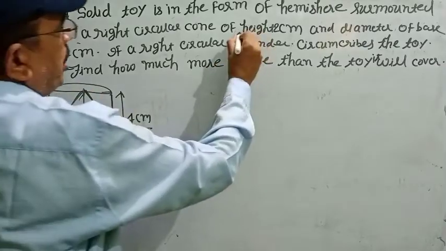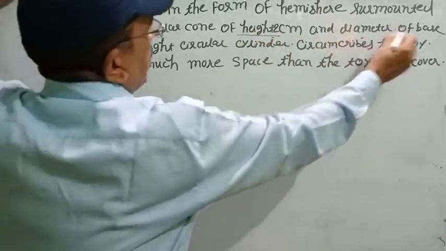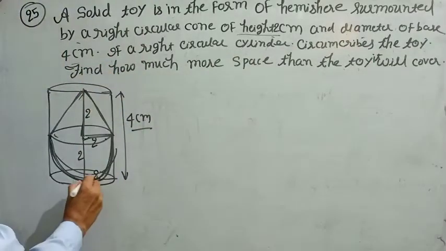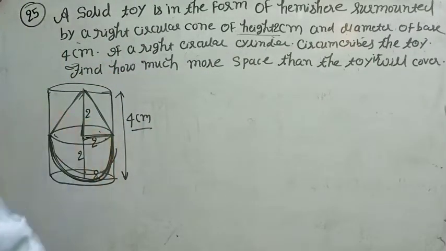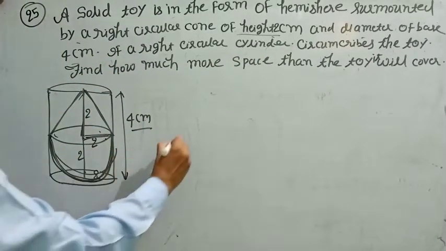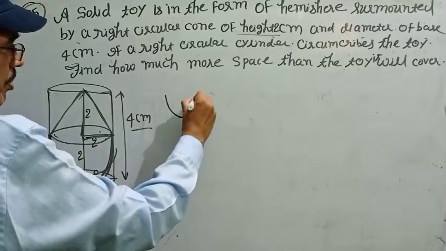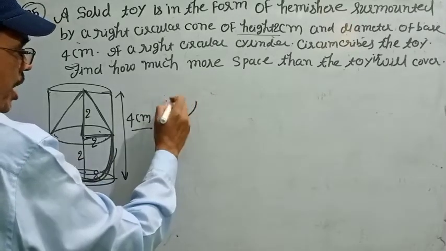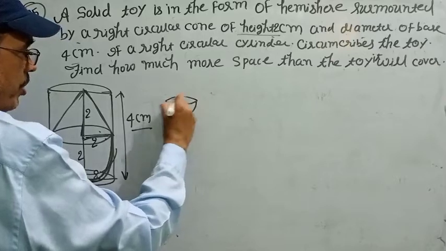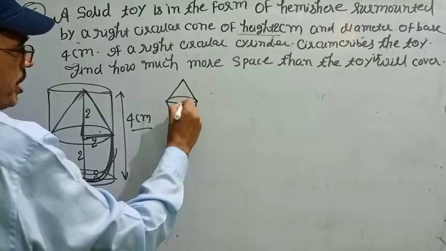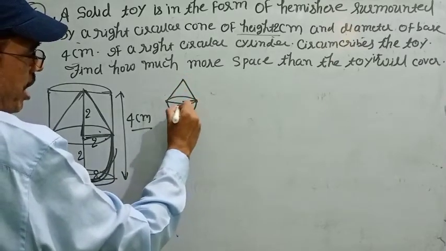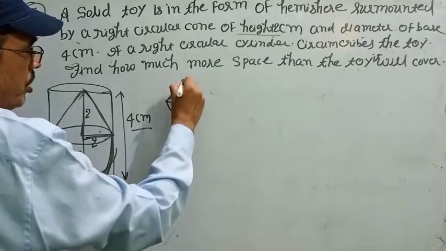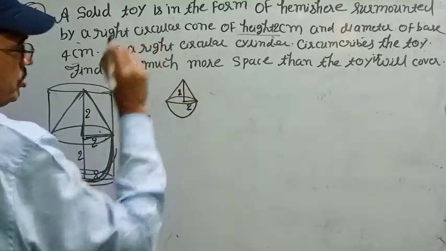The diameter of the base is 4 cm, so the radius will be 2 cm. The toy is a hemisphere with a cone surmounted on it. The diameter is 4, so the radius is 2, and the height of the cone is also 2.